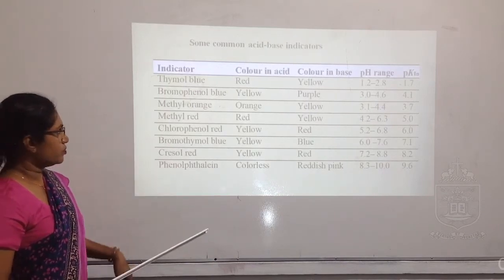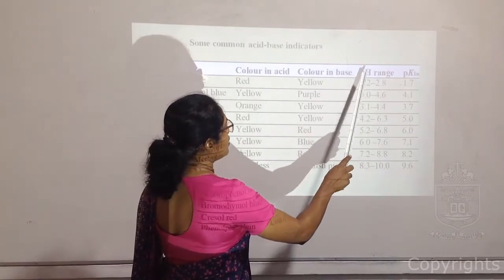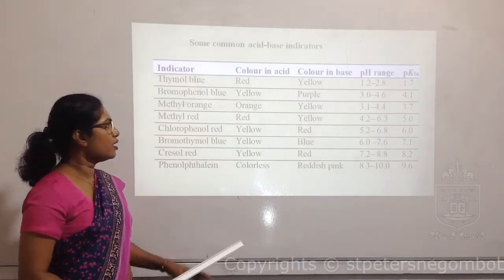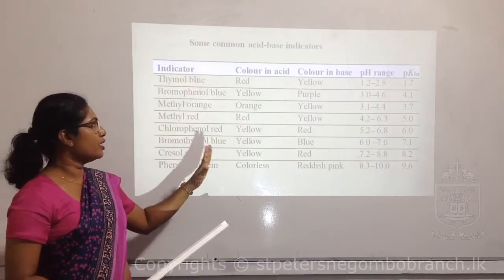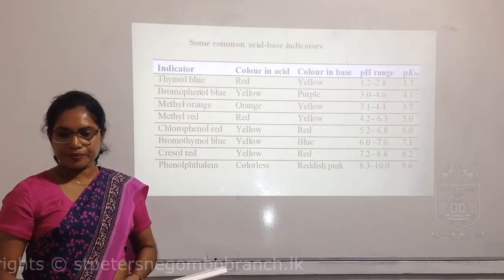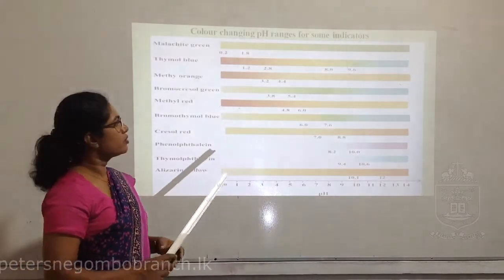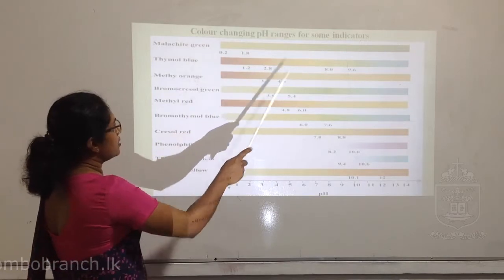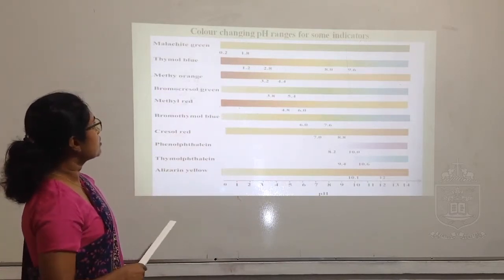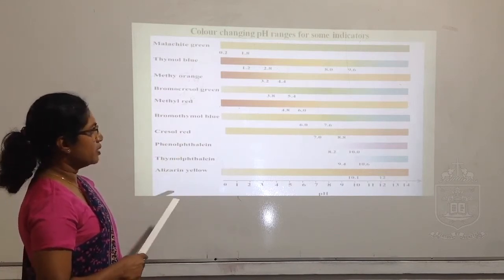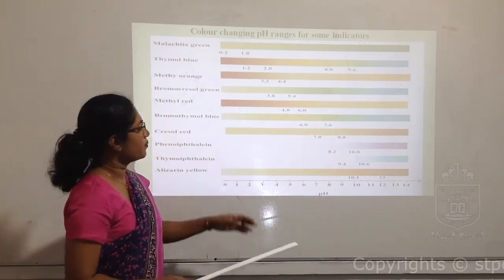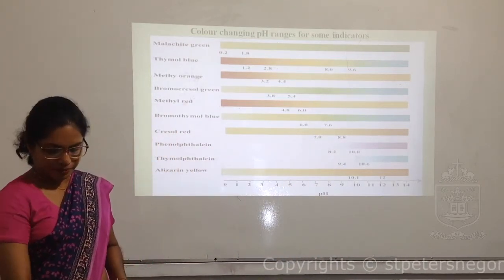And you can compare these pH ranges and the pKin values and how they change the color in acidic conditions and in basic conditions. And these are the colors they show, and these are the same indicators and how they show their different colors in their pH range.